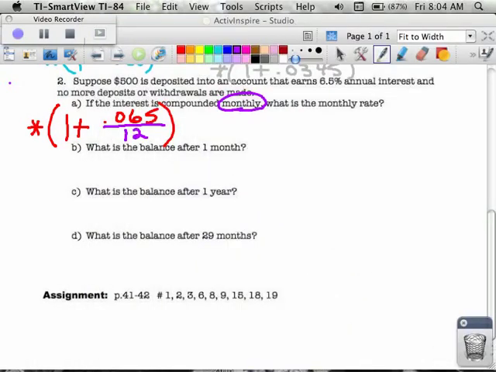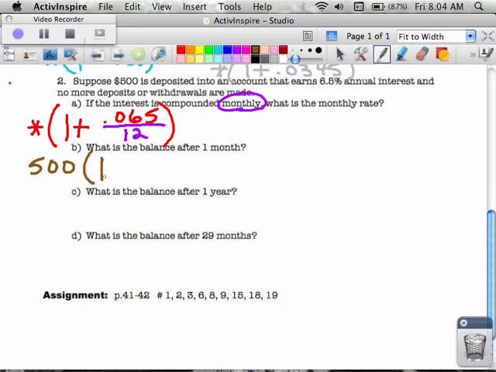The way that we found that was I took the $500 and multiplied it by 1 plus 0.065 over 12. And we found out that was how much? 502.71? Thank you.